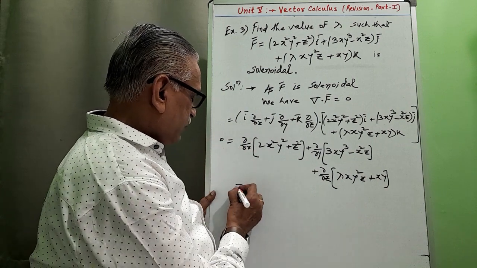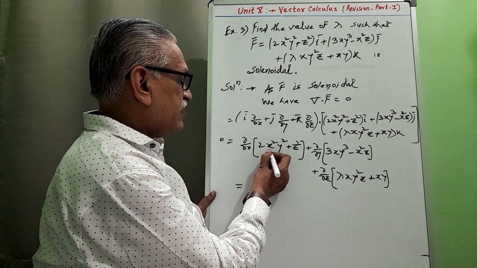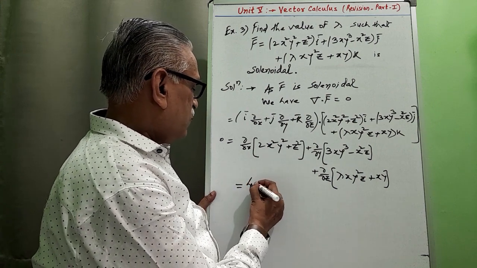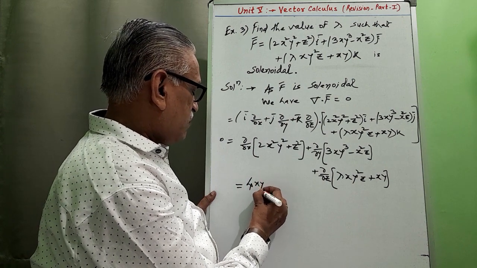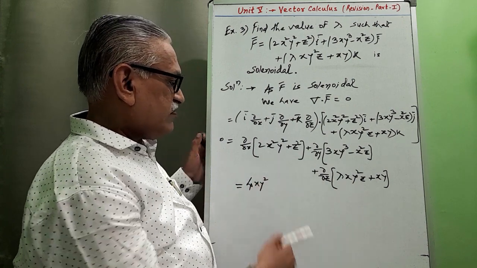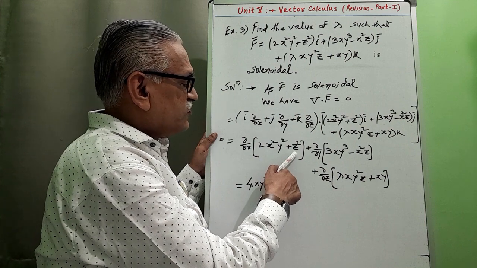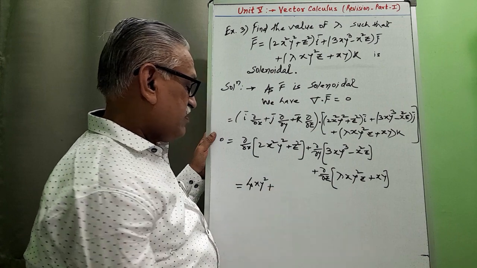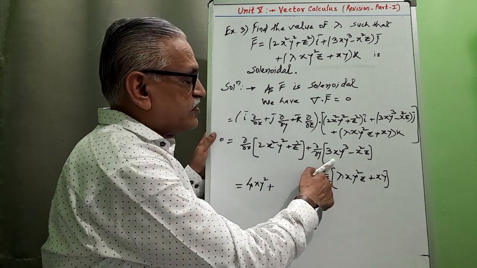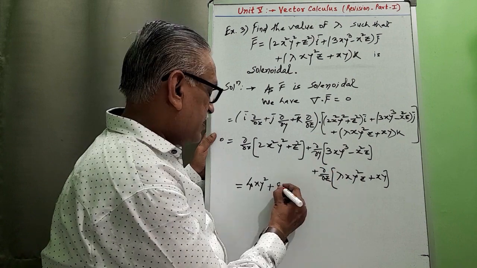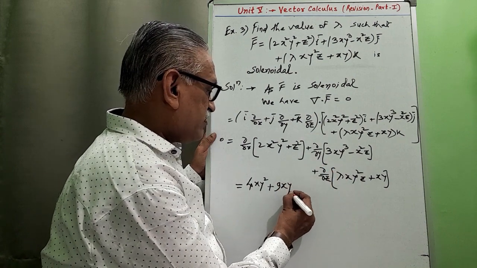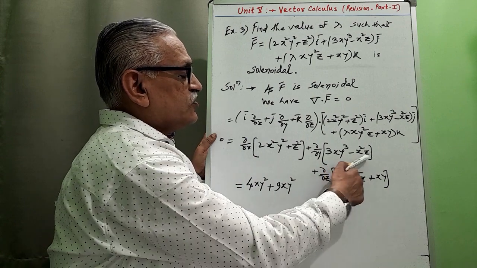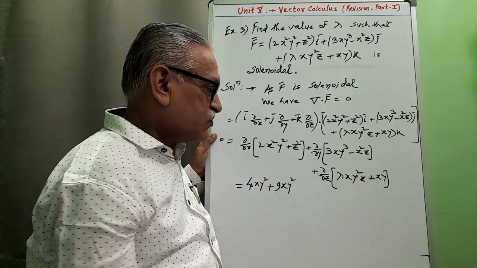Differentiating with respect to x, its derivative is 4x y square. Differentiation of the z square term is 0. Plus differentiation of the second term with respect to y, 9x y square; the derivative of the x square z term is 0 as it is constant with respect to y.